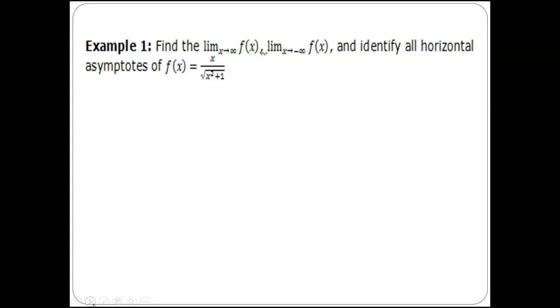If you think about this, this has a degree of 1. The square root of x squared also has a degree of 1. Therefore, the limit as x approaches infinity is equal to 1.